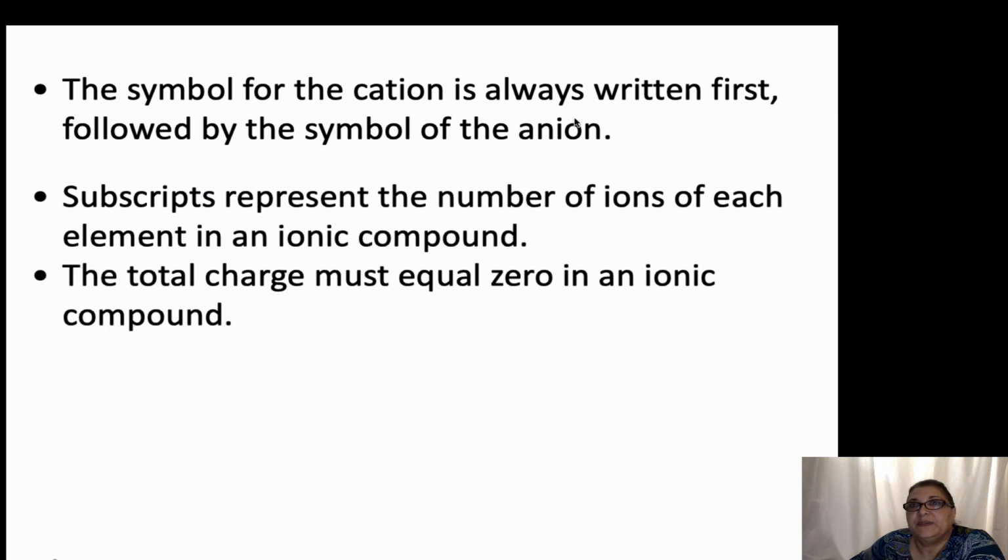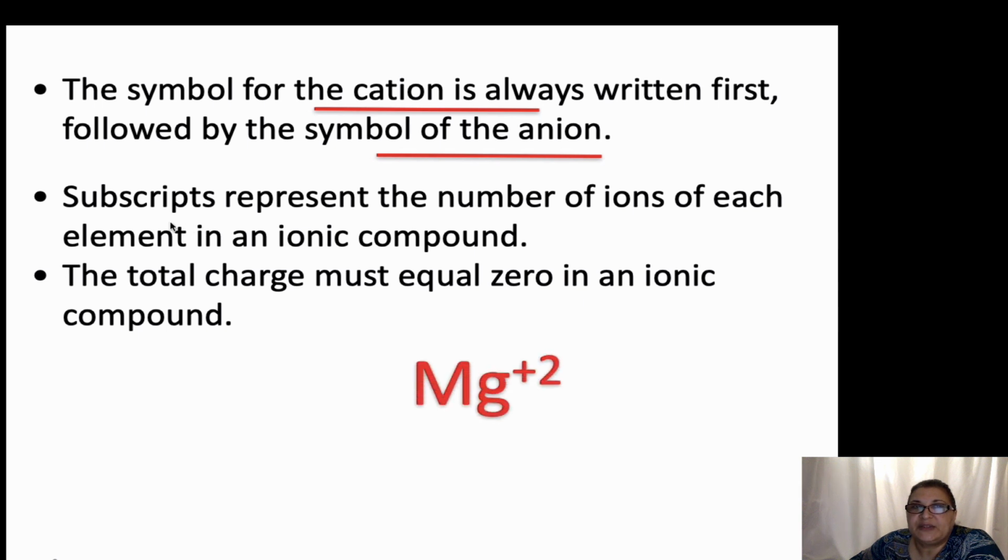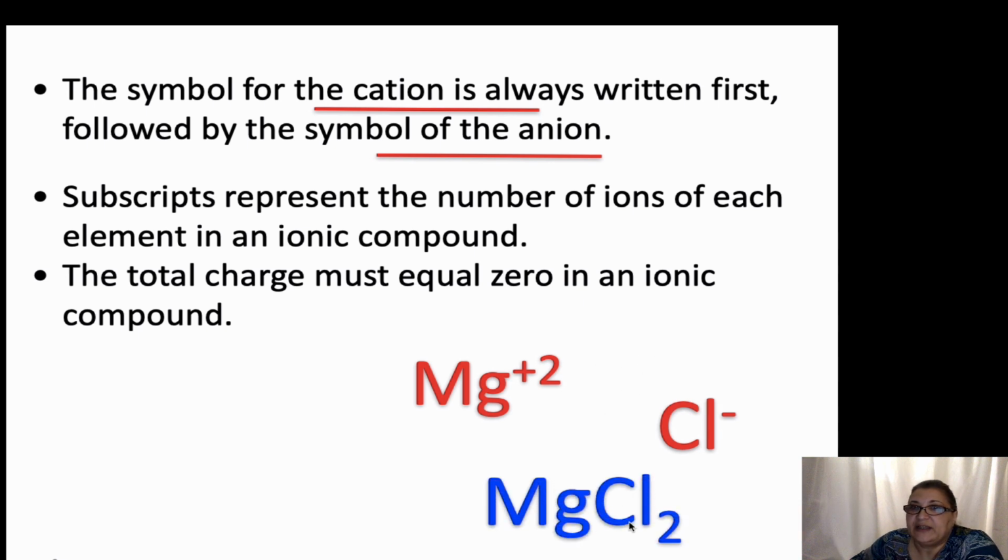So, like we said, the cation is always first. Another thing to remember is the subscript represents the number of atoms. If we have magnesium chloride and we do the crisscross, that subscript tells us that there are 2 chlorines for every 1 magnesium.